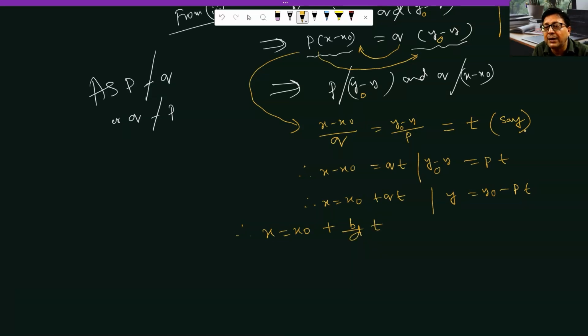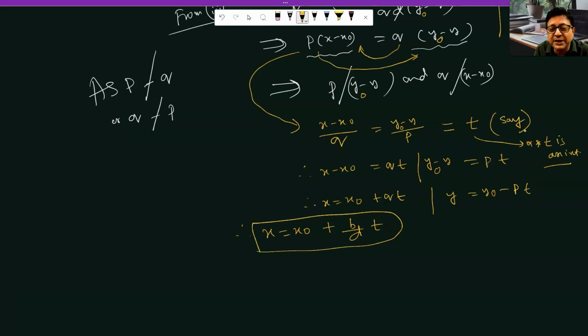This t, remember, must be an integer. It is very, very important because all integers we are getting. So x equals x0 plus (b/d)t and y equals y0 minus (a/d)t.